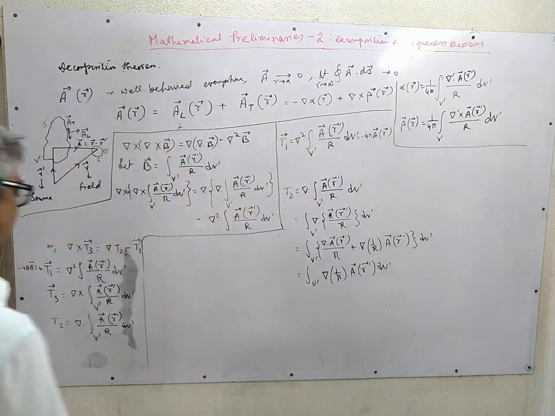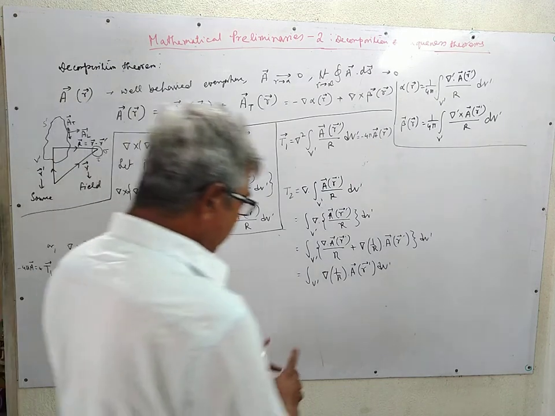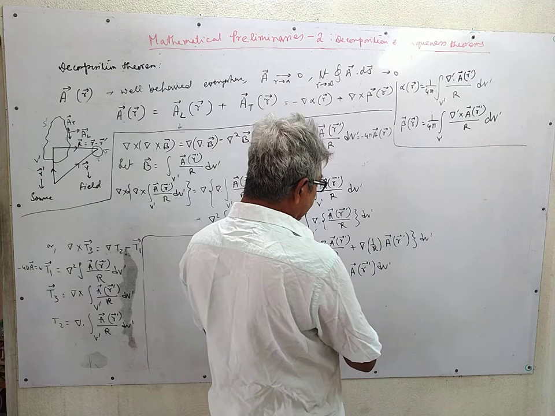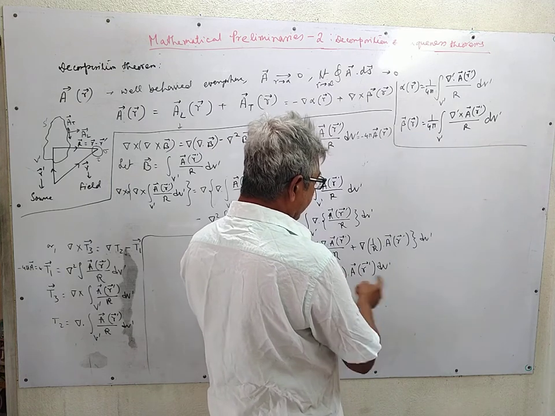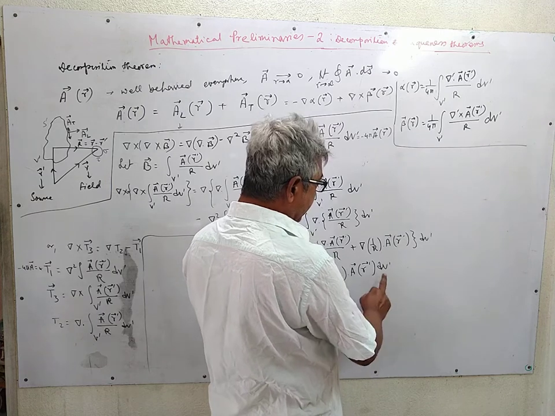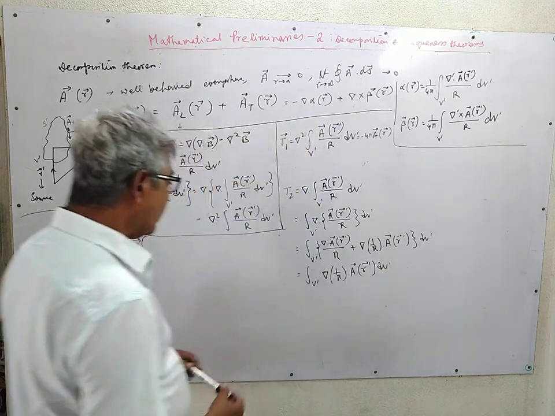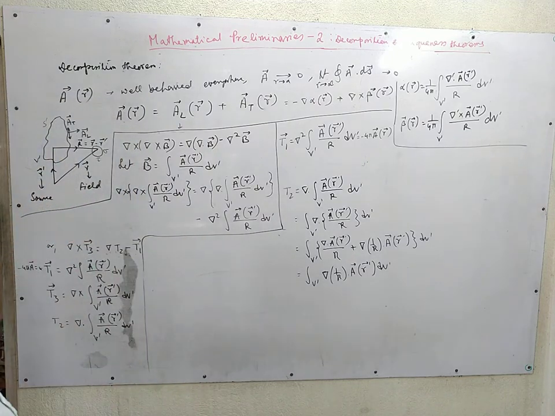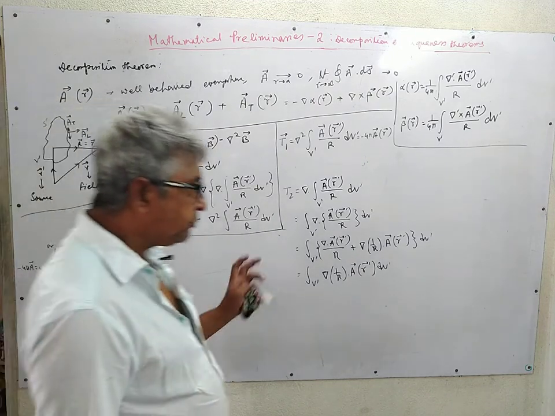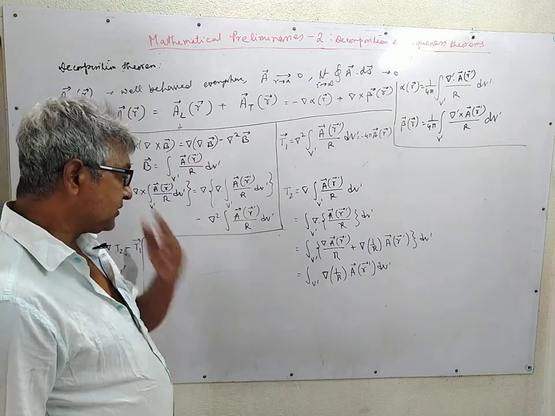At this point we cannot use vector theorems because differentiation is with respect to the field coordinate and integration is with respect to the source coordinate. So we cannot use vector theorem. To use vector theorem, we must bring both the integration and differentiation on the same footing.